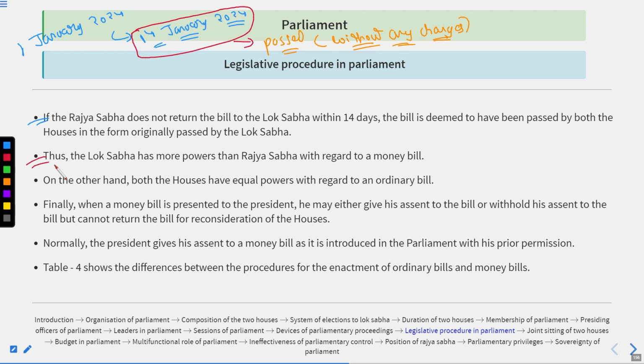Thus, the Lok Sabha has more powers than the Rajya Sabha with regard to the money bill.